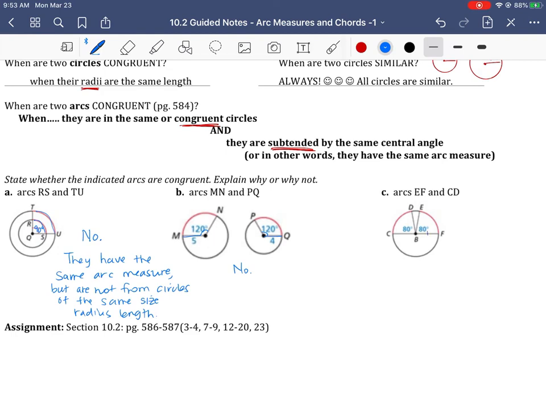Okay, and then the last one, this is within the same circle, so they obviously do have the same radius length for sure. And then notice that their central angles are 80 degrees, so they've both been rotated through 80 degrees. So this arc right here must be equivalent, or we call it congruent in geometry. So we would say yes, they are from the same circle.